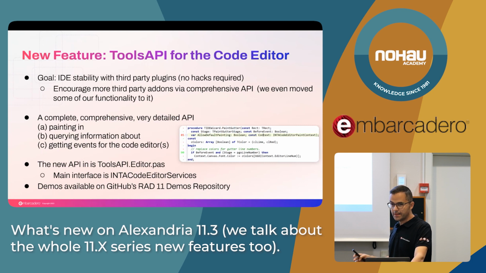Hopefully this will bring a lot of cool libraries from the community, because I don't know if you've used the experts or CMPack. They already offered you stuff like this, like the highlighting feature I just talked about, but they were hacking the IDE to access the visual code. But now we've opened that completely, so users can customize the IDE as much as they want.